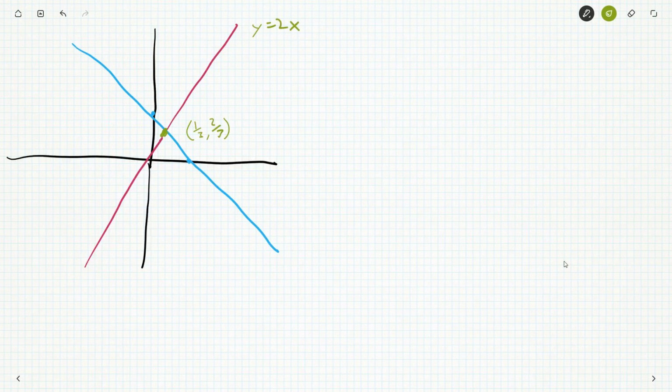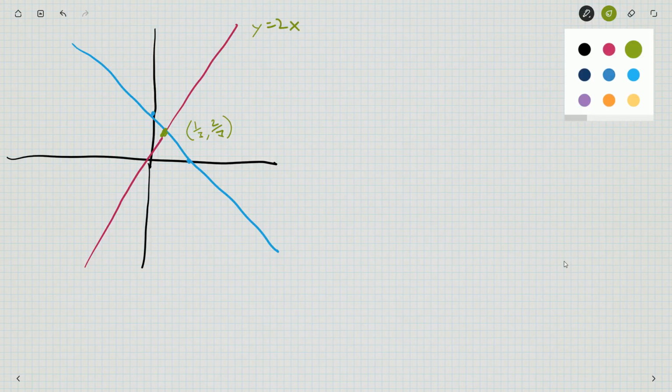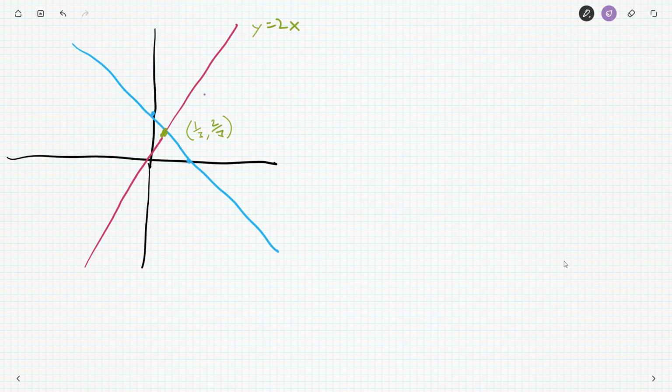Maybe different examples will be needed later on to get a sense of what's happening, but I think this one's fine as is. So now we're going to reflect in this line, the blue line here. So what does it mean to reflect? Okay.